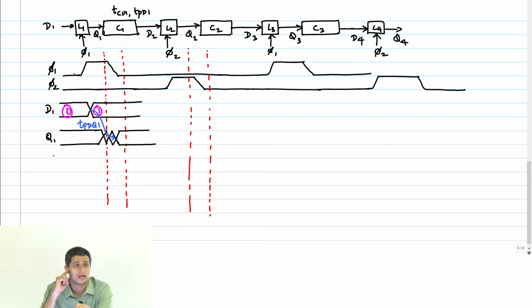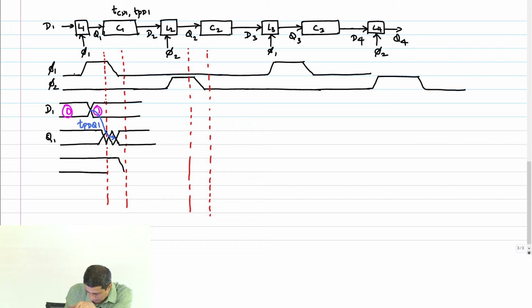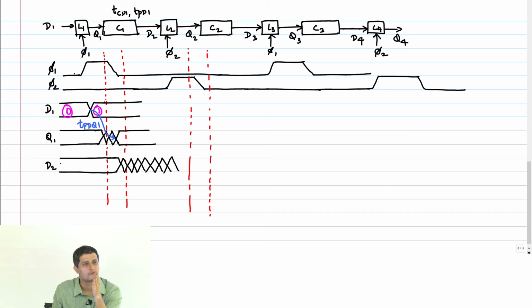Q1 has changed. What happens to C1 now? It's a usual thing. It's just a combinational block. TCD1 and TPD1 is the delay that's going to be incurred now. So the moment this guy starts changing, you can have a very quick change. Okay, let's again, what's the worst case? Should D2 settle before the phi 2 rises, or can it go inside? Yeah, it can go inside, right?